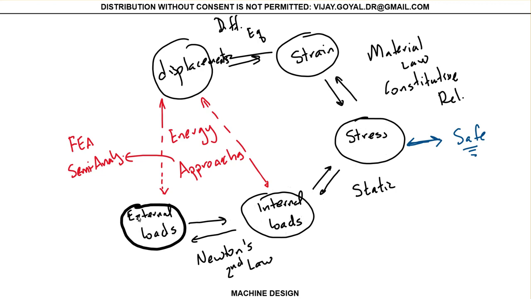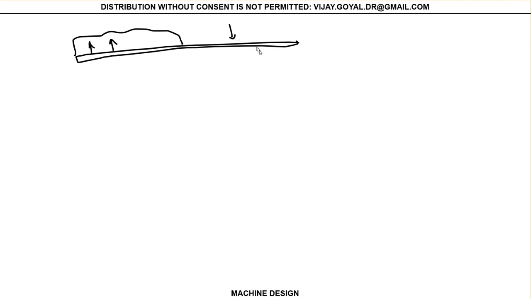Okay, so let's go one step back now, and I want you to think about a simple structure. Let's suppose you have a beam, and the beam has some loads on it, maybe point loads and moments, and let's suppose the beam is fixed here, just as an example.